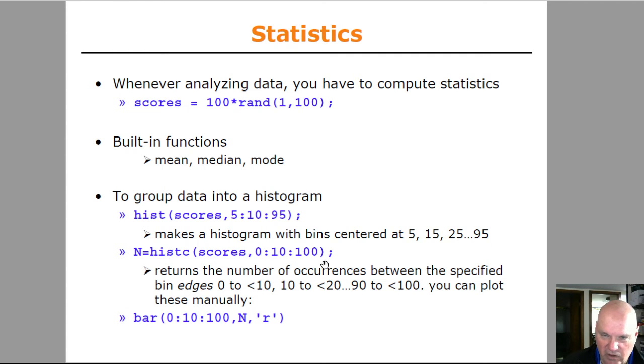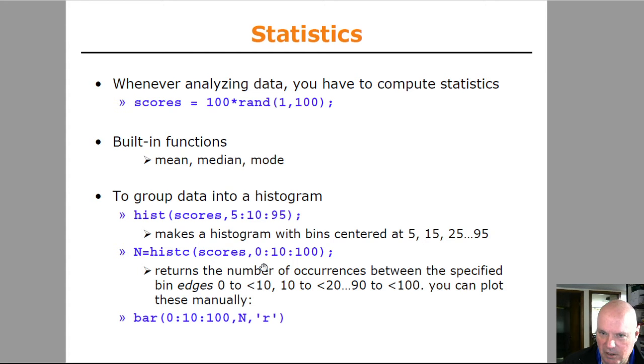Here, since we have a return argument, it won't produce a plot. Instead it just returns the number of values within each bin, and then we can use the bar function to produce the histogram.